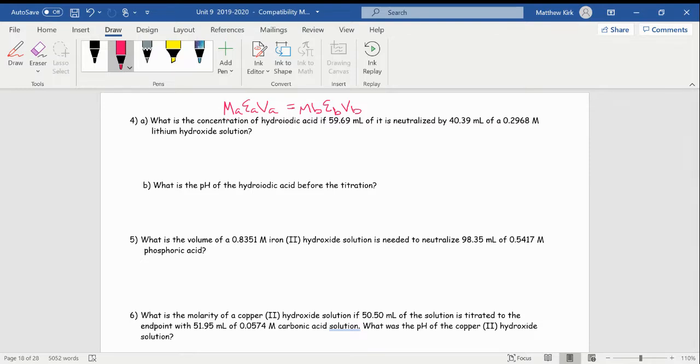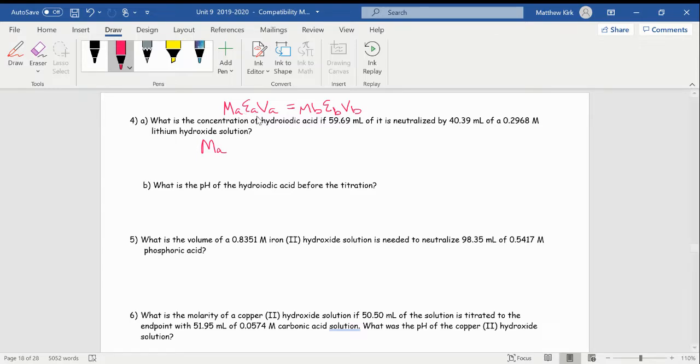It's asking for a concentration of the acid. So M sub A is what I'm trying to find. That is my X. And that means I should know everything else and be able to plug it in.